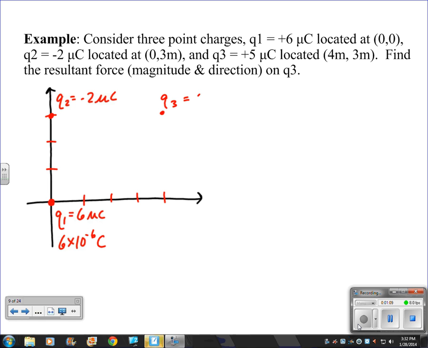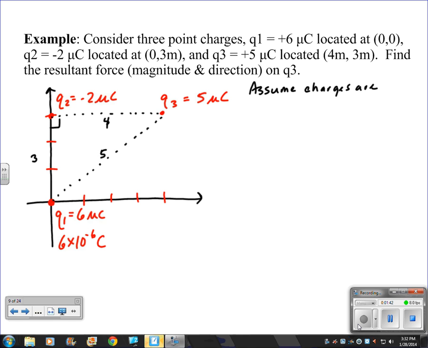Here's Q3, 5 microcoulombs. And what I have here is a triangle. It's a right triangle, and in particular, it's a 3, 4, 5 right triangle that I recognize from geometry. There's my right angle. I'm going to make some assumptions about this problem. I'm going to assume that the charges are stationary.